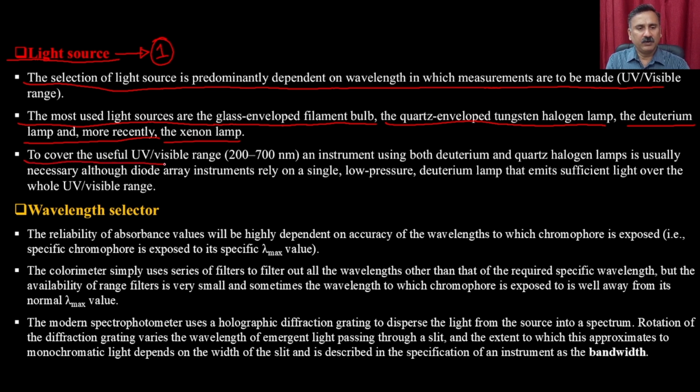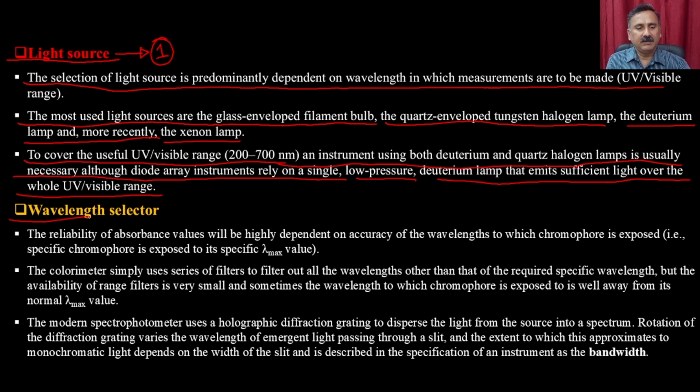To cover the useful UV visible range, that is from 200 to 700 nanometers, an instrument using both deuterium and quartz halogen lamps is usually necessary, although diode array instruments rely on a single low pressure deuterium lamp that emits sufficient light over the whole UV visible range. Okay, so you have the choice. You can use 2 lamps. You can use a single lamp.